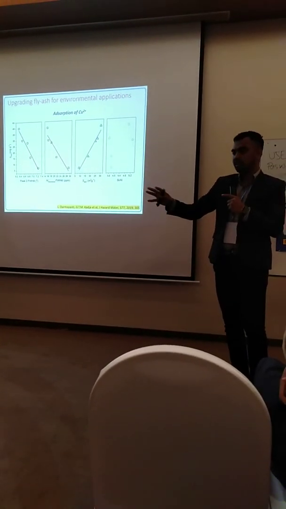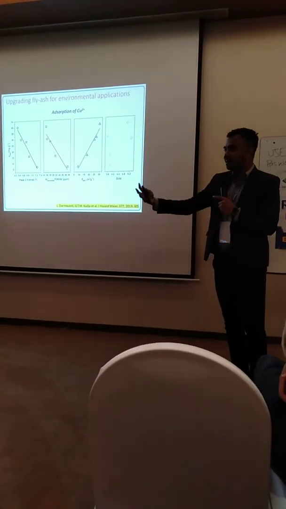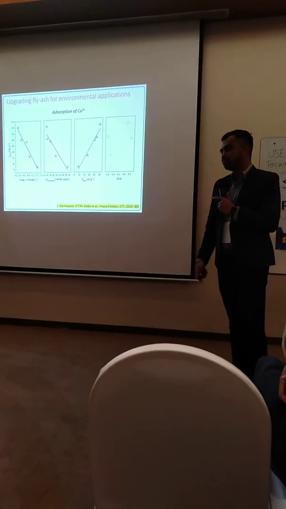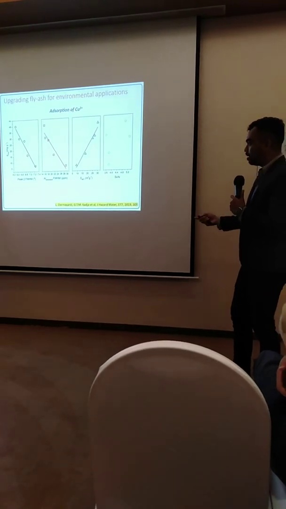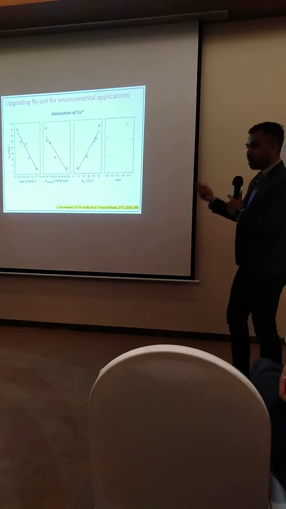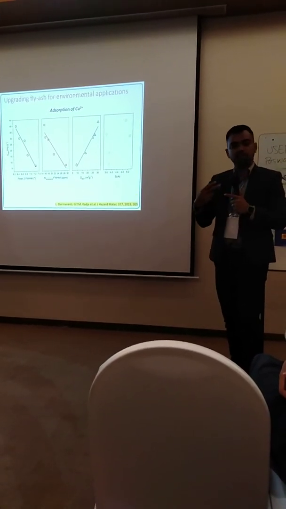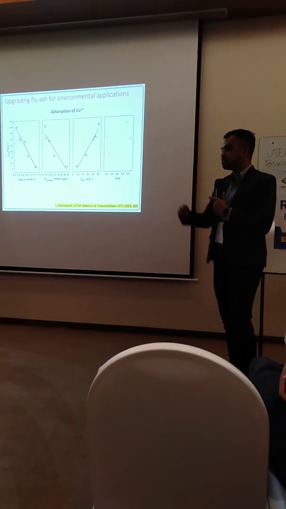So if there is more negative charge, it should attract the cations, but it does not. So rather, the adsorption capacity of copper 2+ is governed by the structural properties of the adsorbent, at least for our samples, at least for the geopolymers.